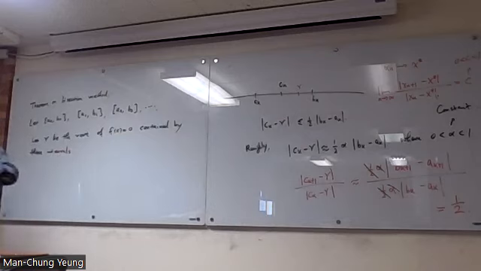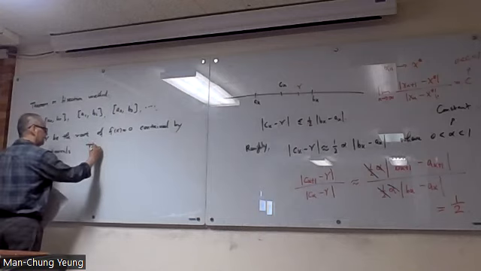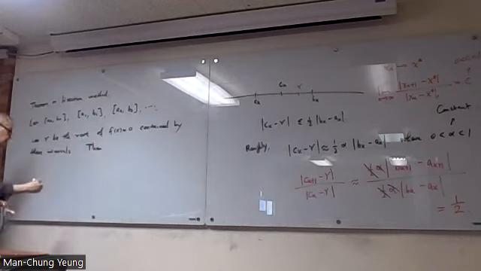Every step, the bisection method generates an interval. The interval contains a root. Very easy.